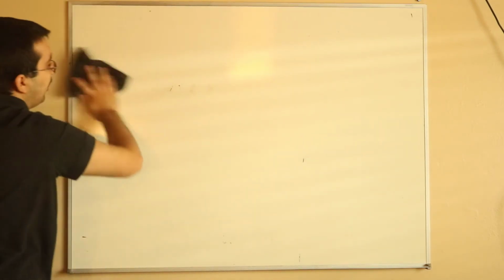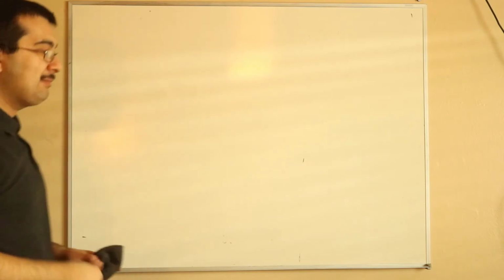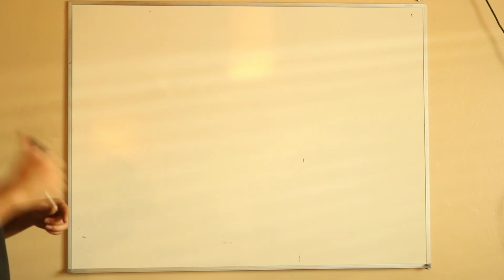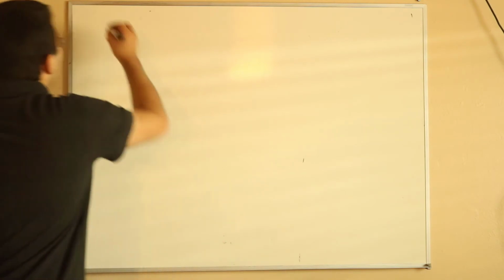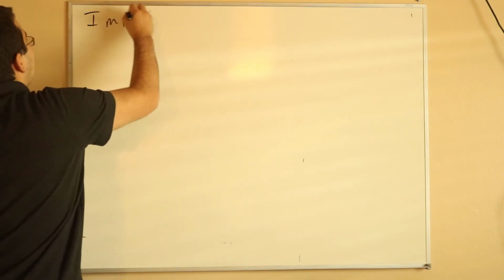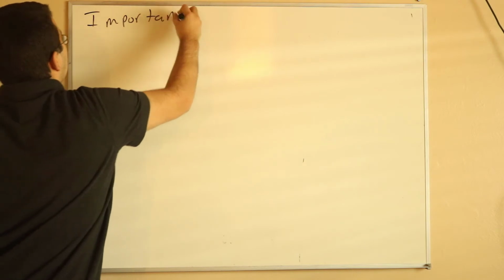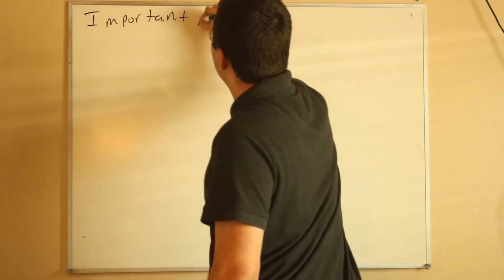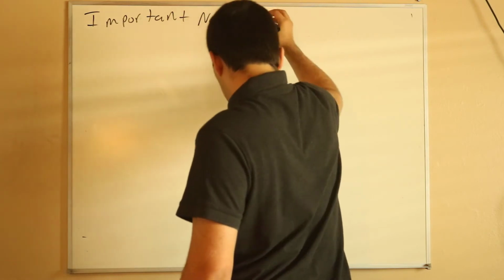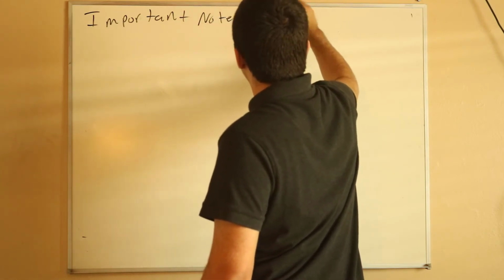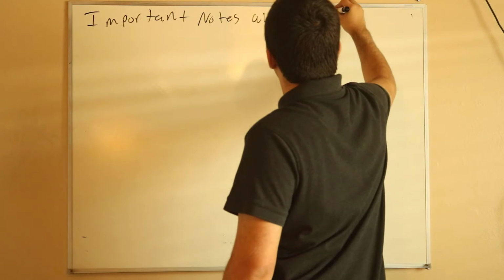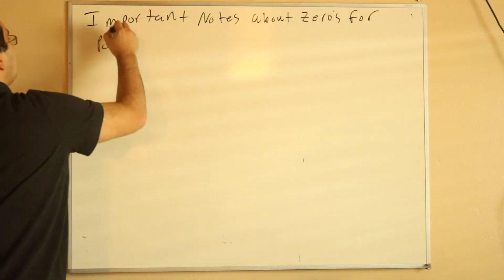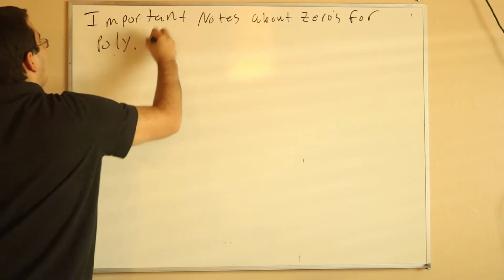They're very useful to know, undoubtedly, but to me, they're not that exciting. Here are the interesting comments we can make in regards to zeros of polynomial functions. So, important notes about zeros for polynomial functions.